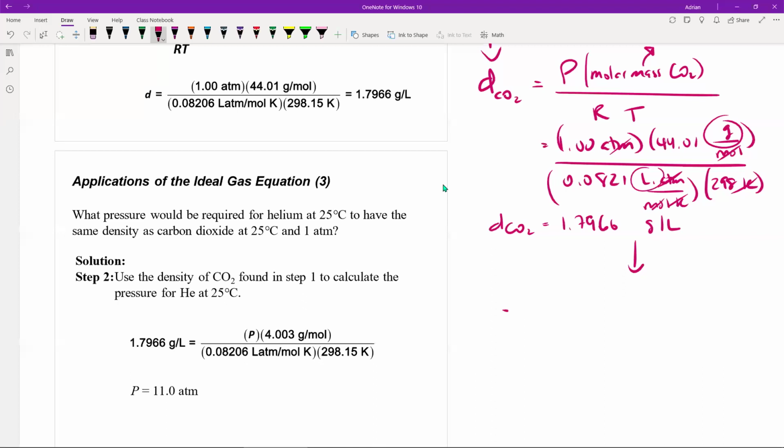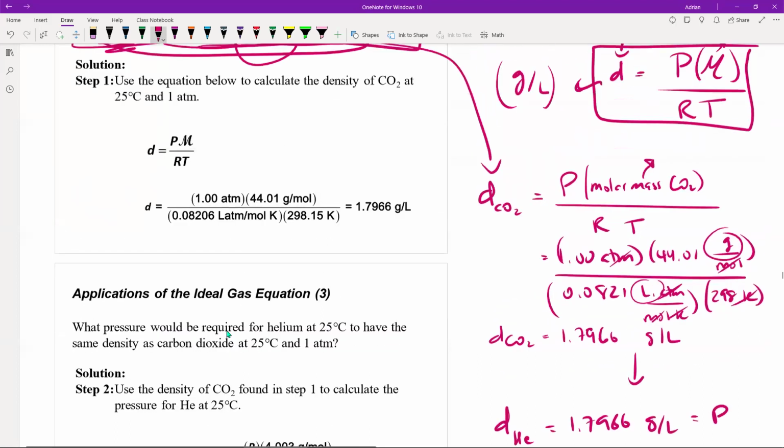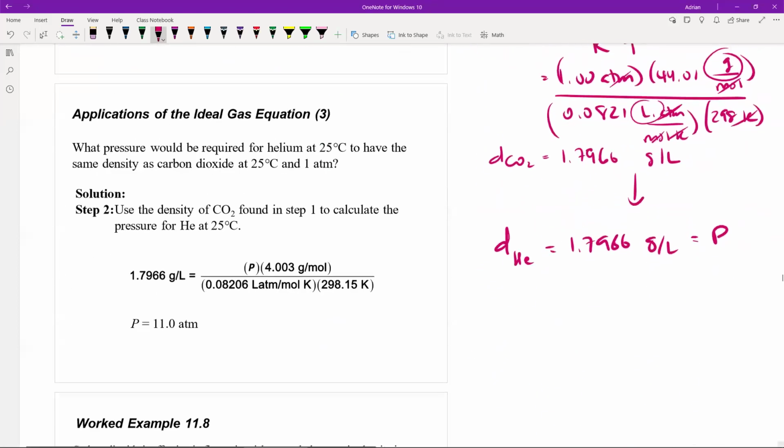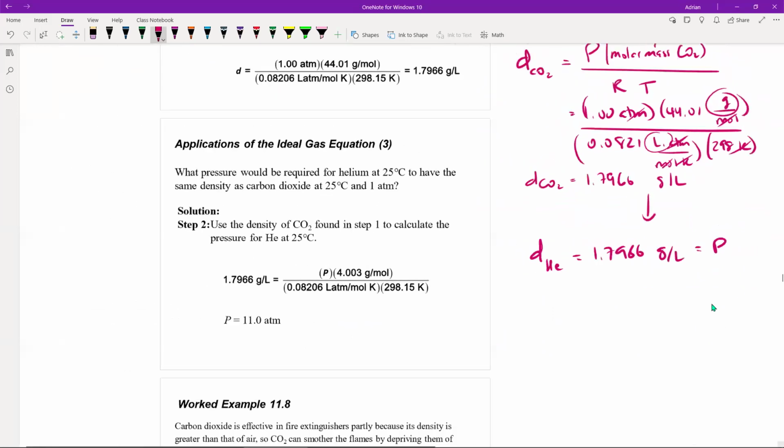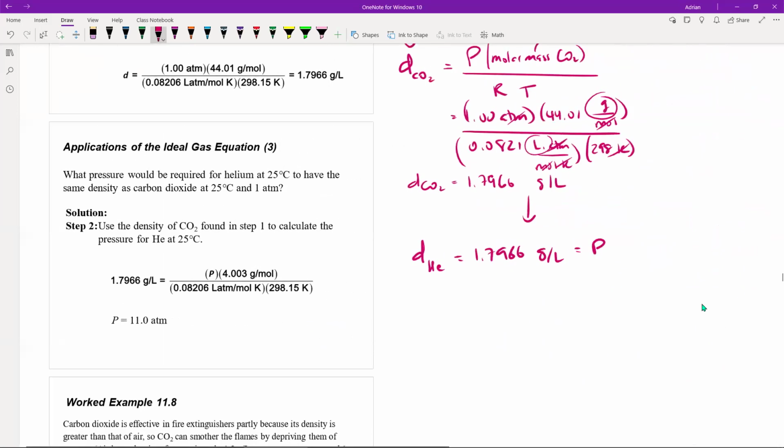The density now of helium needs to be the same as the density of CO2, so that's 1.7966 grams per liter. Then we have the pressure, which is what we are trying to find. That's our unknown in this problem, times the molar mass of helium, divided by gas constant times temperature.